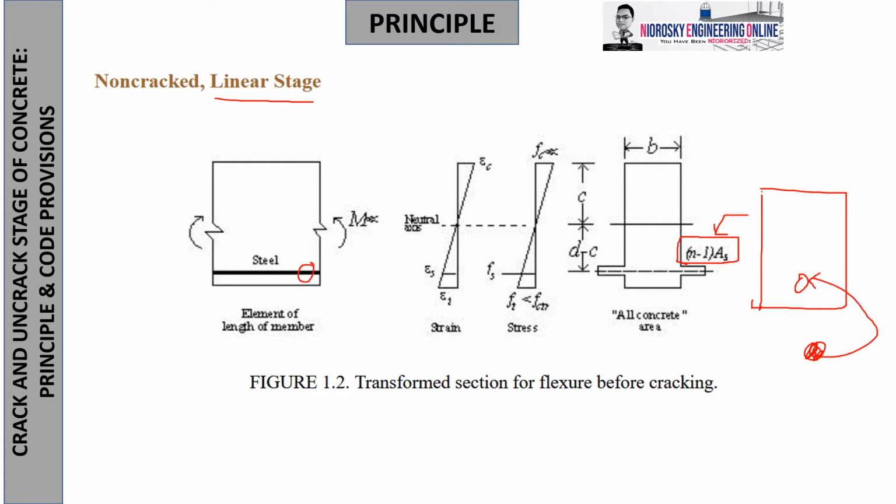However, our code suggests already that if you are installing reinforcement and it is found to be non-crack, you can neglect the reinforcement as if there's no steel residing on that particular region, since the tension of the concrete side is performing.